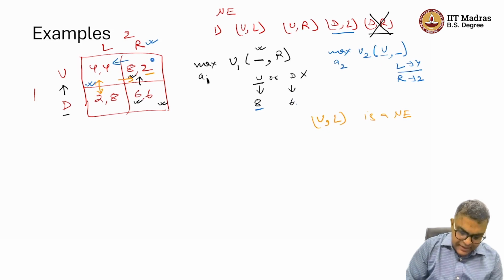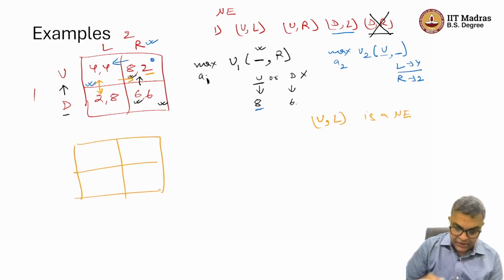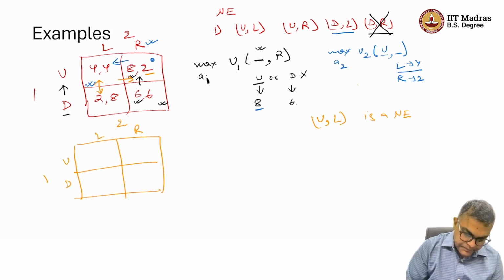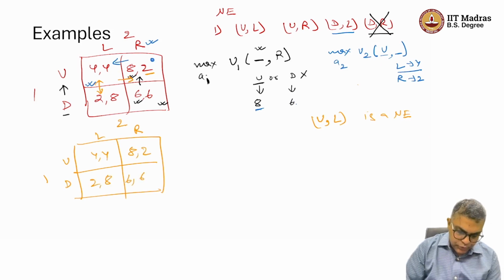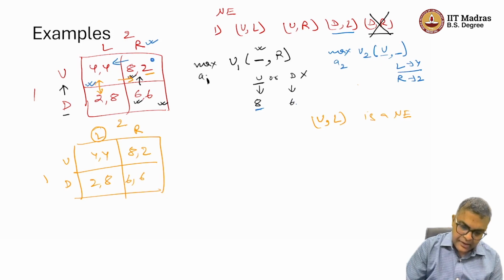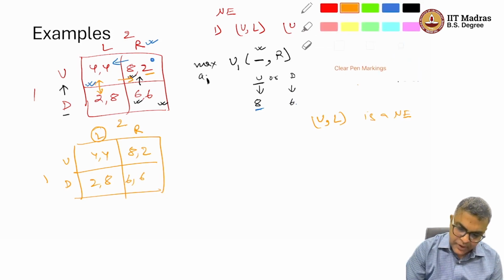We can play the same game once again and use the second technique. Sometimes the first technique works well, sometimes the technique that I am going to show is easier to work with. What we do is, player 1 figures out the best response given player 2 is playing L. What is the best response from player 1?